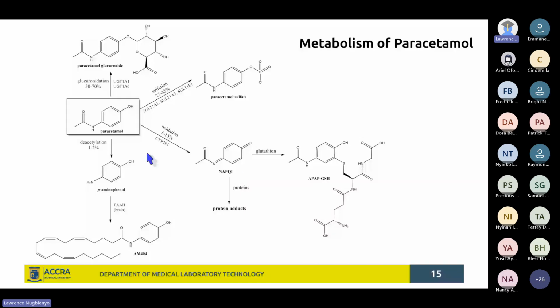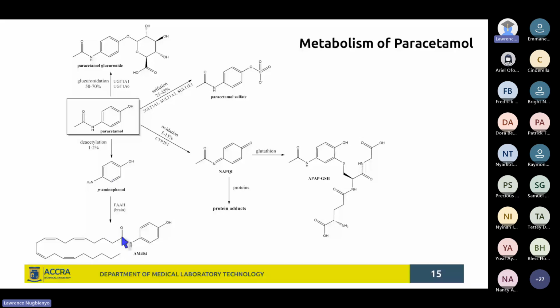And now you see the pathway that gives you the therapeutic effect of the drug. Look at it. You just have 1 to 2% of paracetamol undergoing deacetylation. First of all, that is removal of the acetyl group, and so you now just have an amine group. So you have a para-aminophenol, and it is this para-aminophenol which will then bind to arachidonic acid.